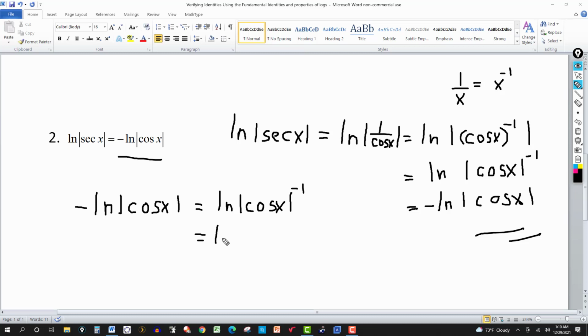And this becomes a natural log then of, because of this negative, again, definition of a negative exponent, this becomes natural log of 1 over absolute value of cosine of x.